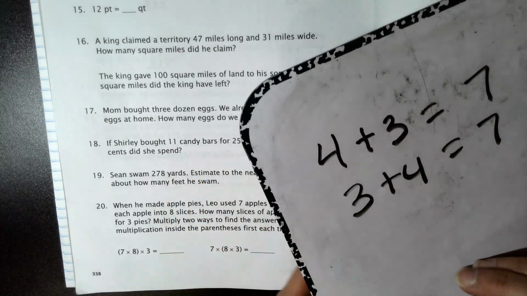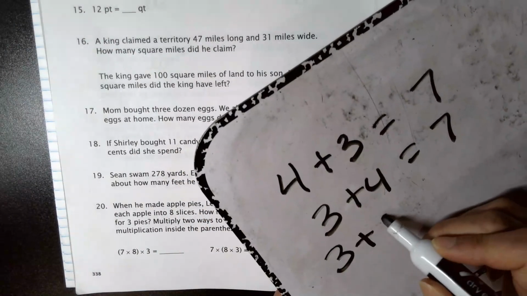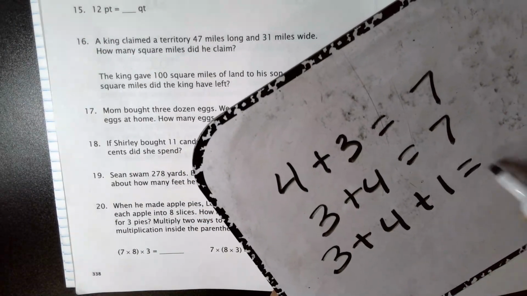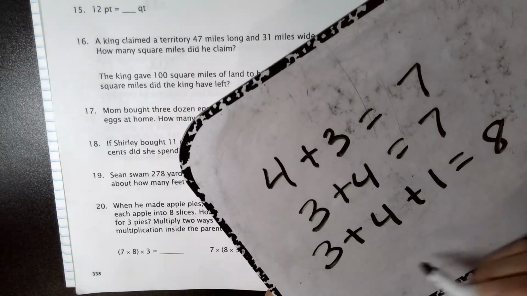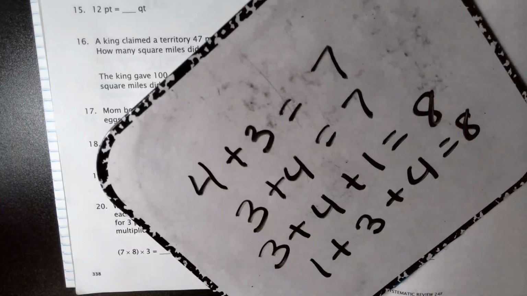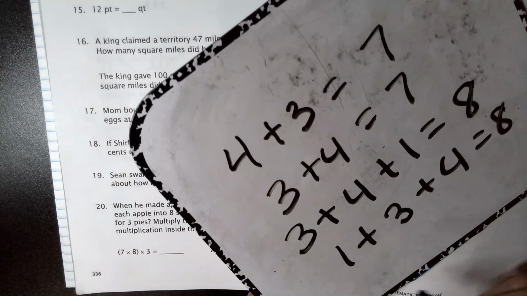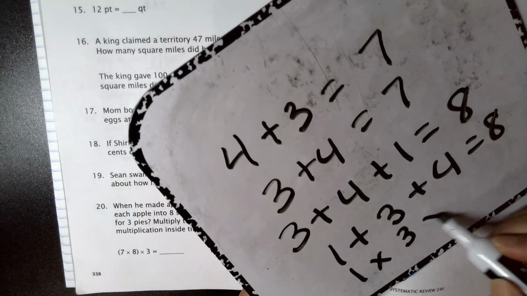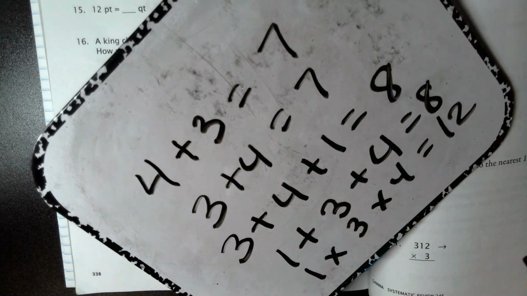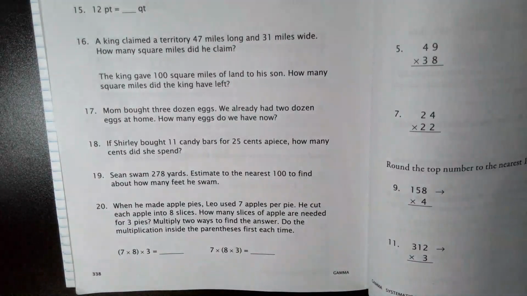If you do 3 plus 4 plus 1, that equals 8. And if you do 1 plus 3 plus 4, that equals 8. It doesn't matter which order they're in. And that's the same thing with multiplication. If you do 1 times 3 times 4, that is still 12. So no matter which way it's in, that's what they wanted you to learn from doing that.